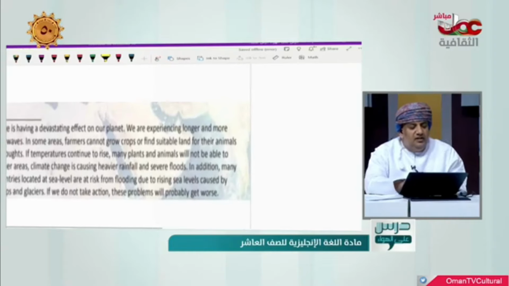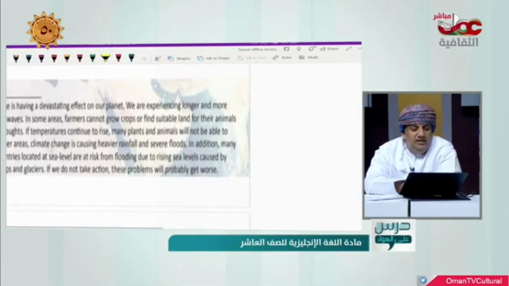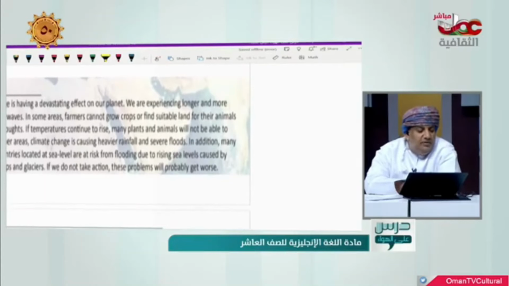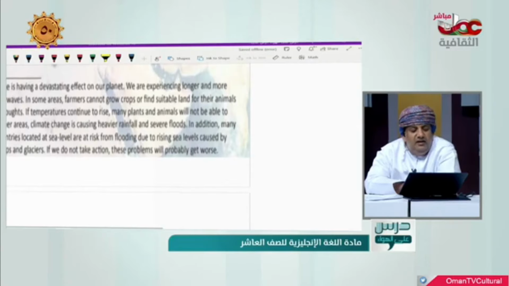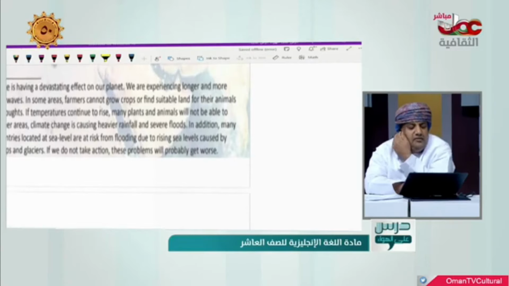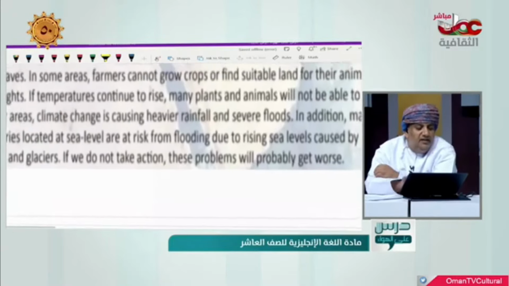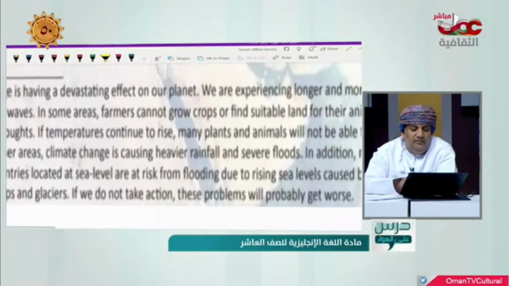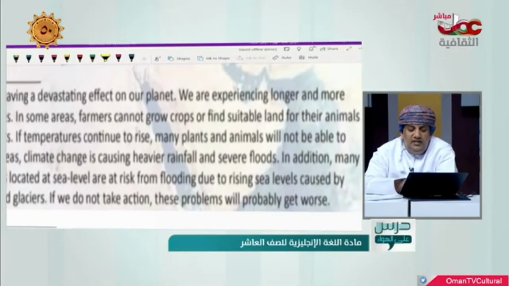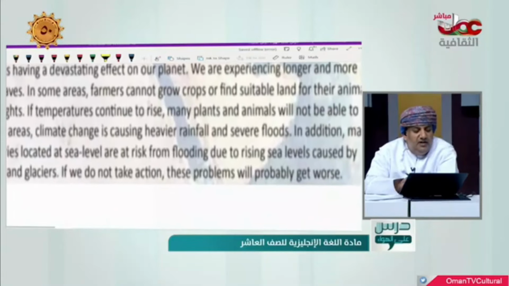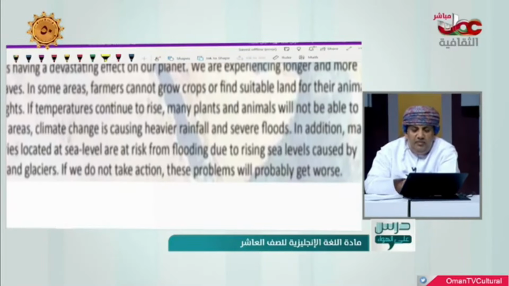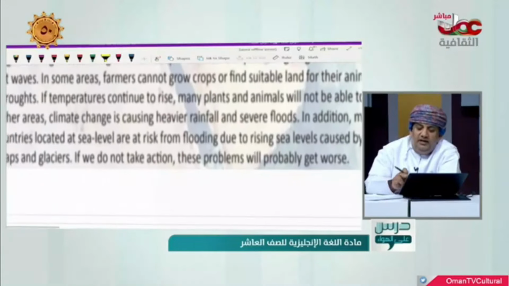If temperatures continue to rise, many plants and animals will not be able to survive. In other areas, climate change is causing heavier rainfall and severe floods. In addition, many cities and countries located at sea level are at risk from flooding due to rising sea levels caused by melting ice caps and glaciers. If we do not take action, these problems will probably get worse.